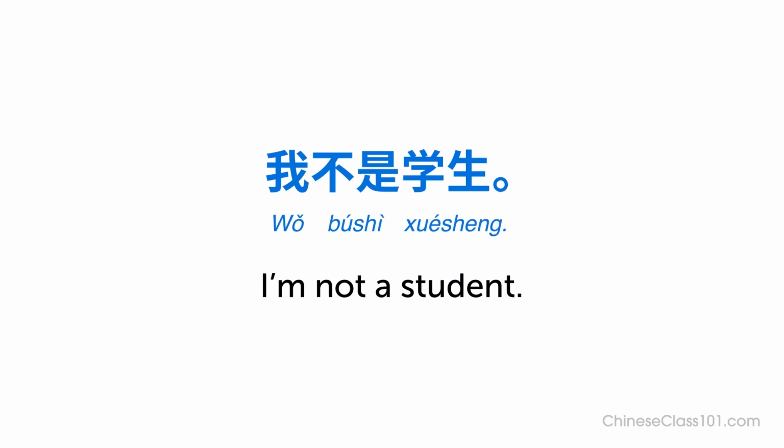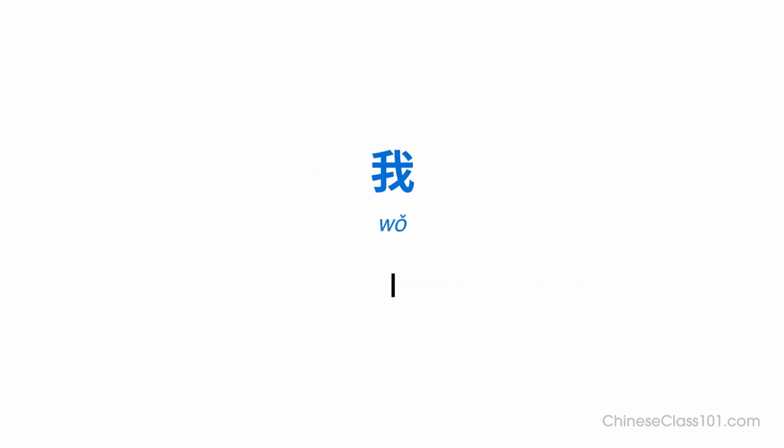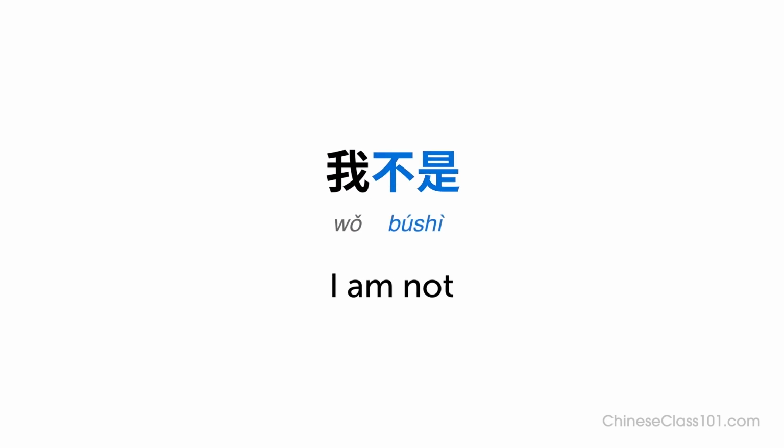First is 我, I. Next is 不是, here, am not, as in I am not.